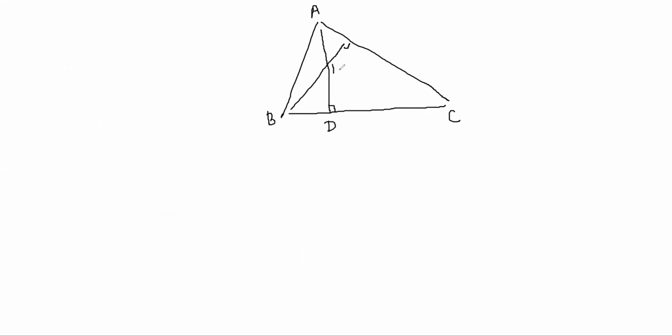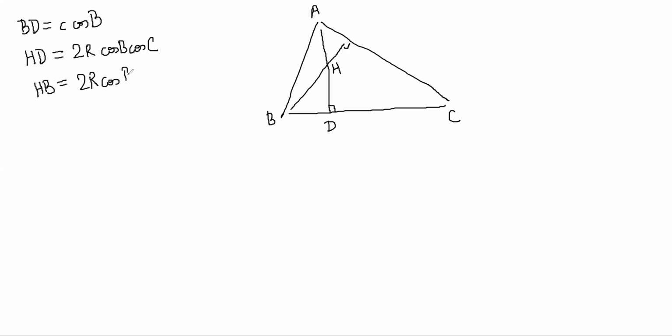So there is this situation, and we have this perpendicular, this perpendicular, A, B, C, this is D, this is H. So we got BD as c cos B, we got HD as 2R cos B cos C, and we also got HB as 2R cos B, right?